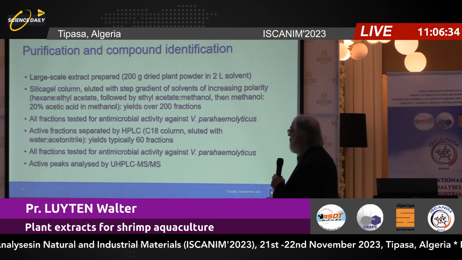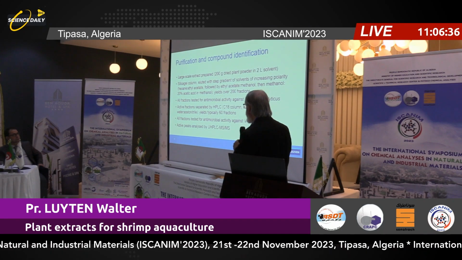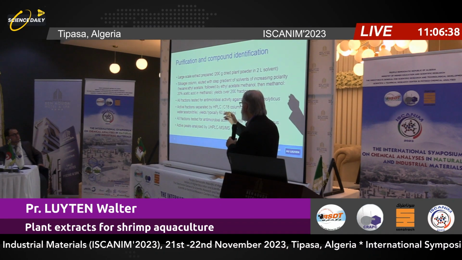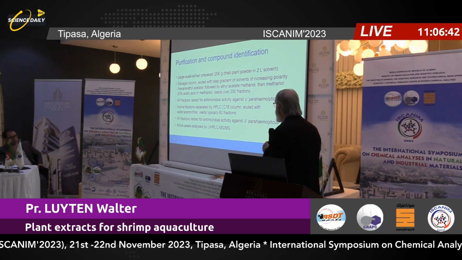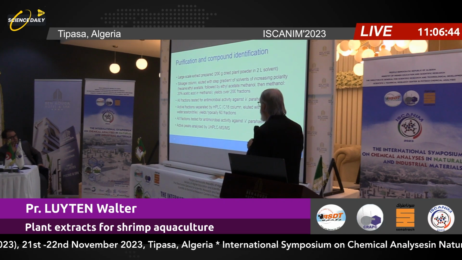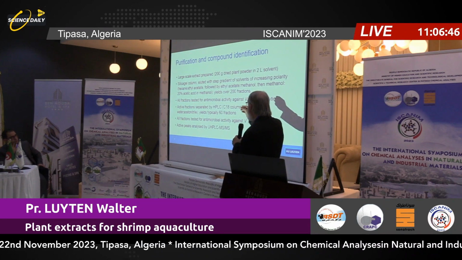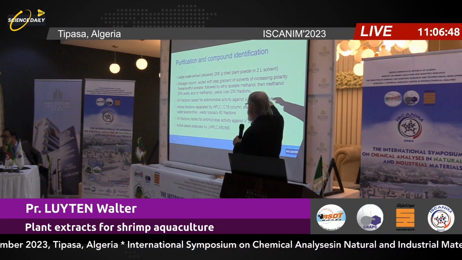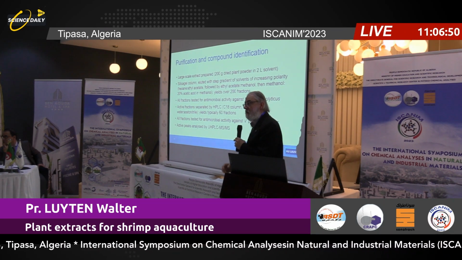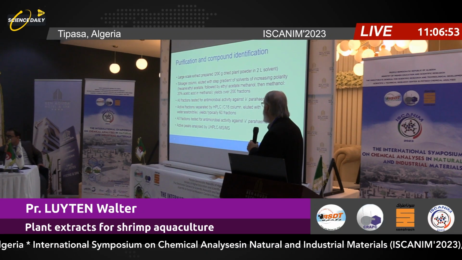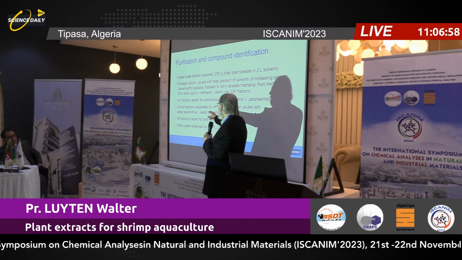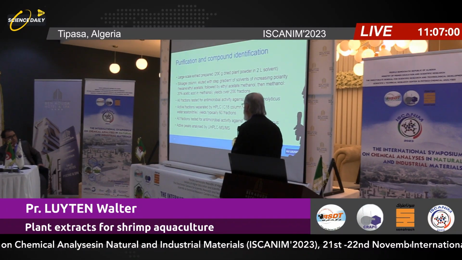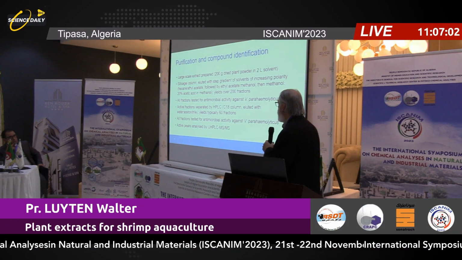extracted in about 2 liters of solvent repeatedly. Then this extract is dried down, the solvent is evaporated, is loaded on a silica gel column, and then eluted with a step gradient of solvents of increasing polarity, yielding a number of fractions. These fractions are tested against the bacterium in question, and the active fractions are then separated by HPLC on a C18 column and eluted with a water-acetonitrile mixture.